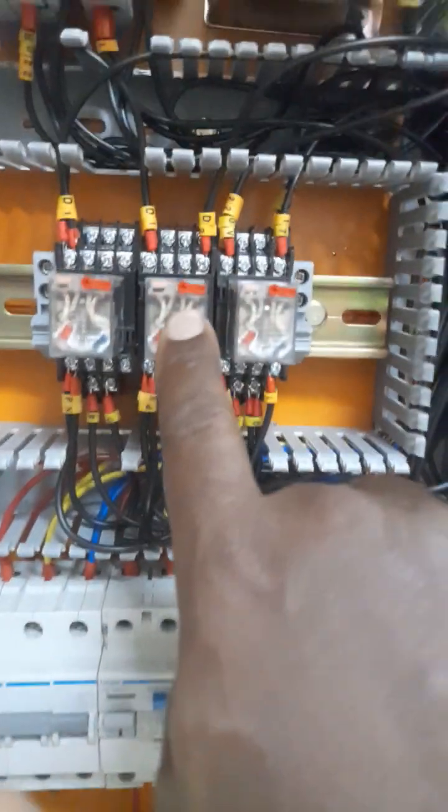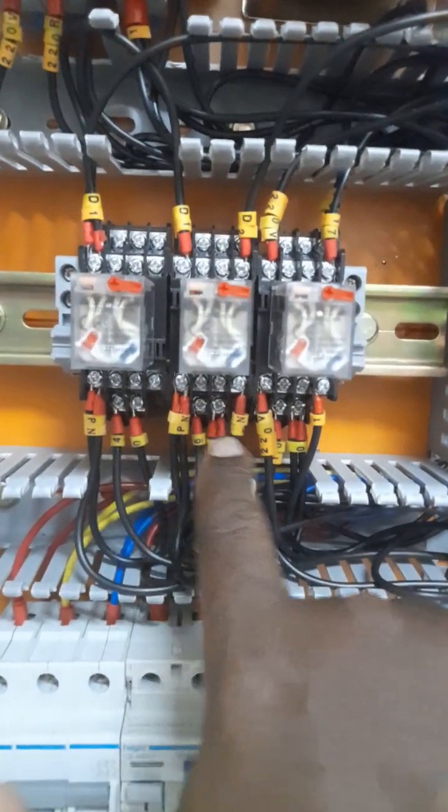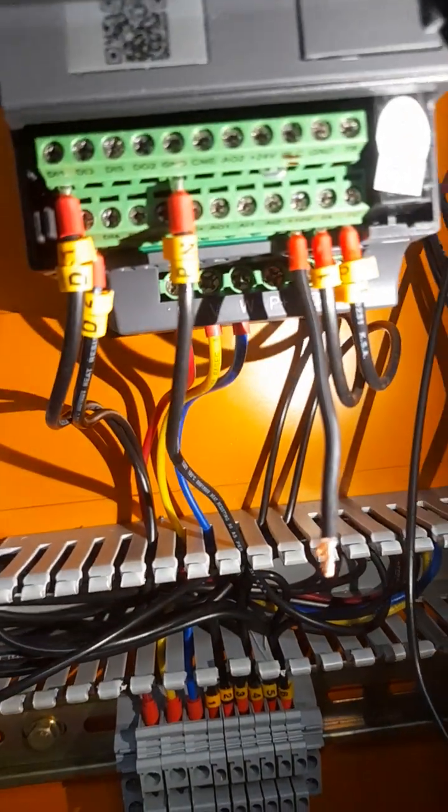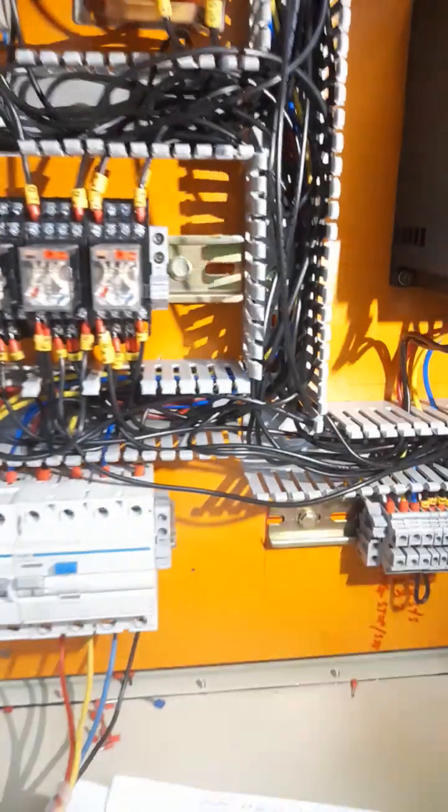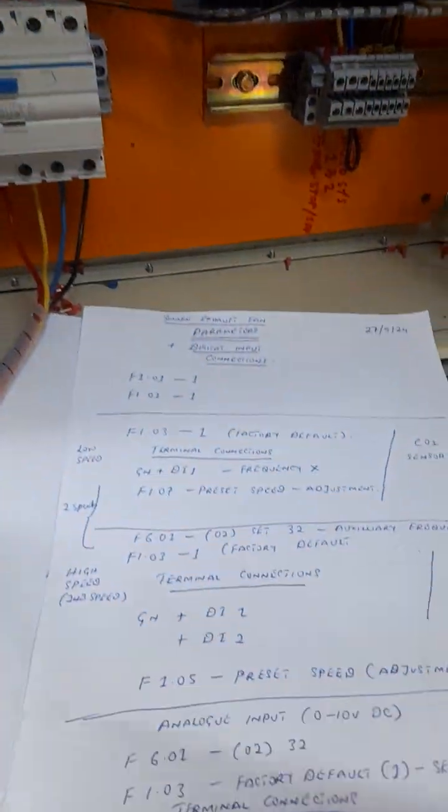So my second relay, ground here, then there's digital input 1 and digital input 2. Both of them are connected from the ground. So ground, digital input 1 and digital input 2, I'll get my second speed.